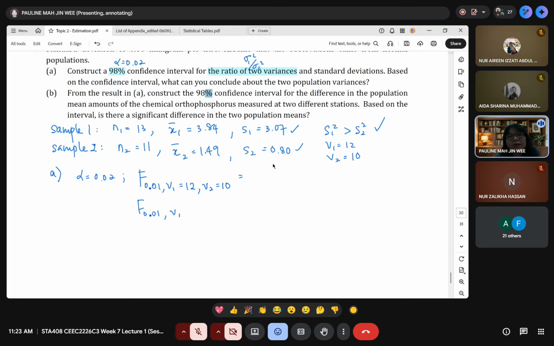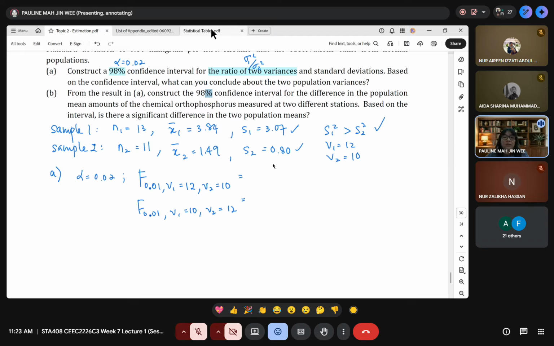Then now our nu1 here is 10, nu2 here is 12. If you want to put nu2, nu1 also, it's entirely up to you. I don't have any objections about how you want to represent these two. But the point is the figures here must be correct because that is what you're going to refer to inside your table.